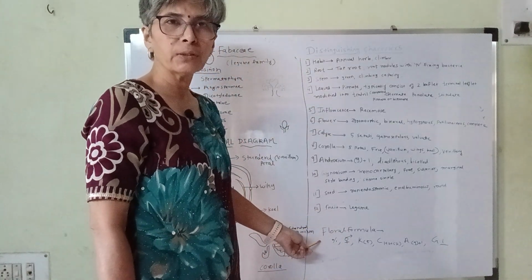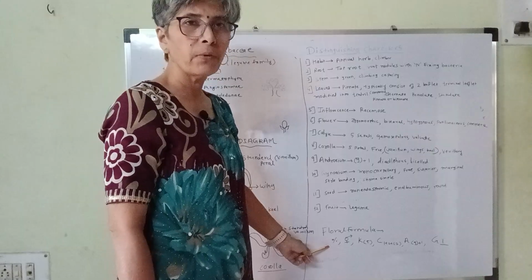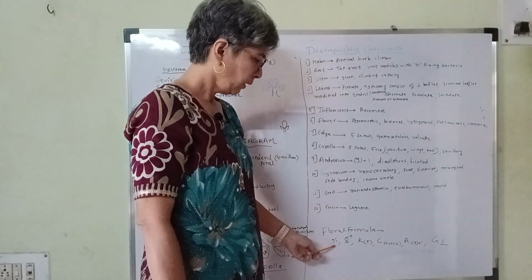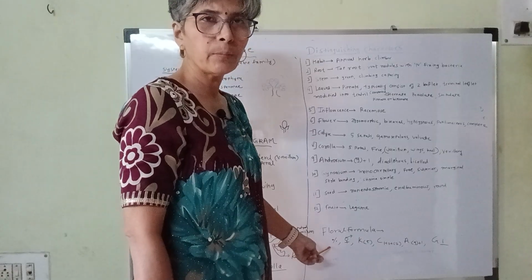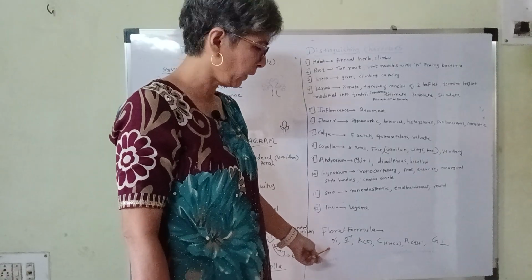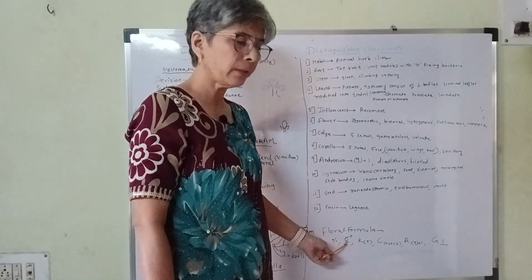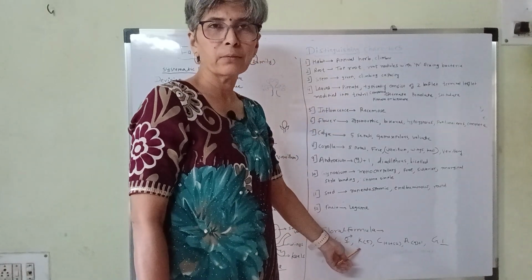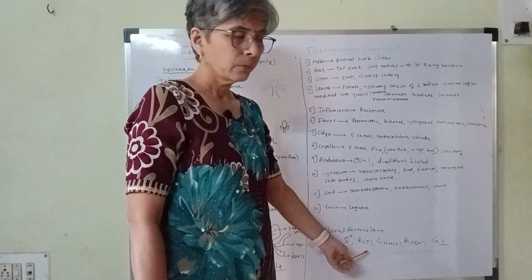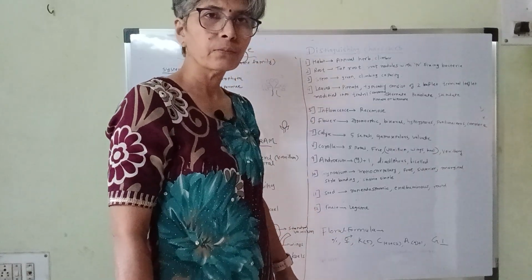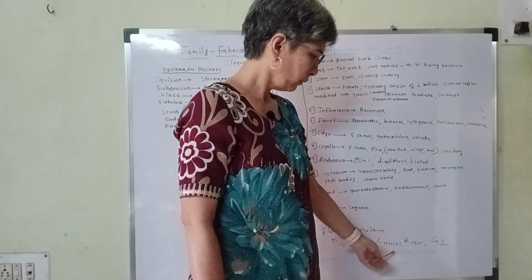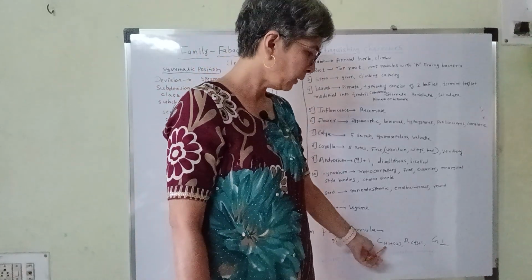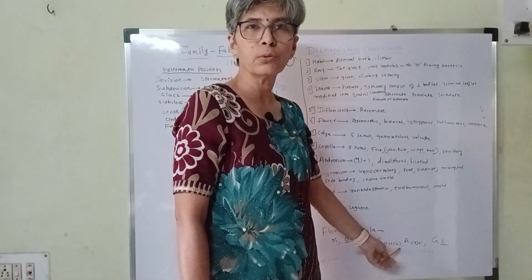Then floral formula of this family. The flower is irregular with bilateral symmetry, that is zygomorphic, bisexual, calyx, gamosepalous, 5 in number, corolla, 5 polypetalous. It represents 1 plus 2 plus 2.